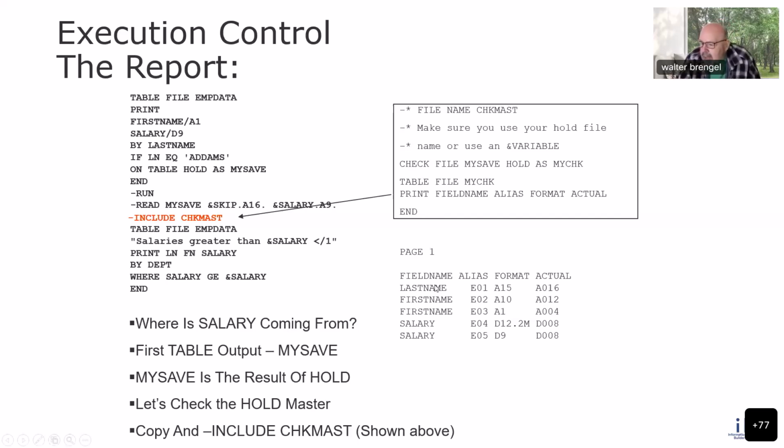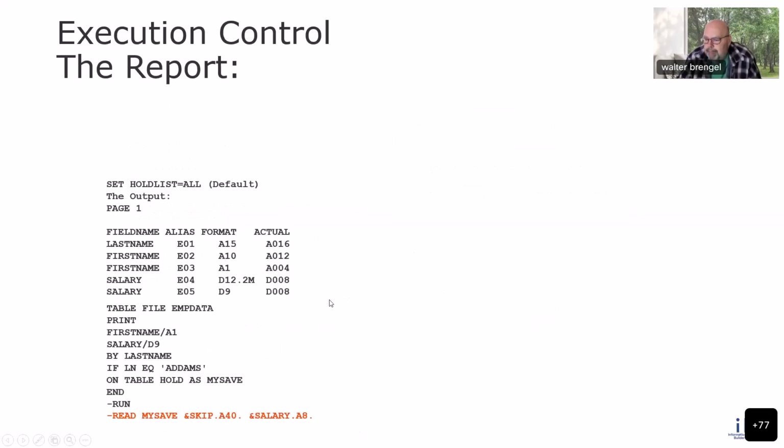So when I run this, notice I have last name, 2 first names, and 2 salaries. But I only have 1 first name and 1 salary. So what's happening here? Anytime you do a reformat, so in this case, we have first name / A1, that's a reformat, and we call it formatting on the fly.